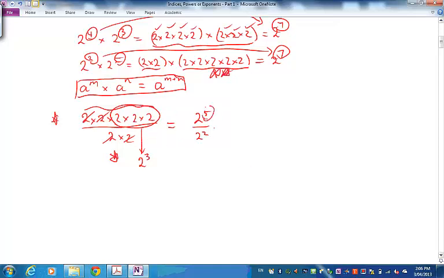Hey, could we have stayed in Powerland? We don't want to write all that out. Could we have gone from there straight to there? What do you reckon? What about another one? What about 2 to the 4th done the old way over 2 cubed?